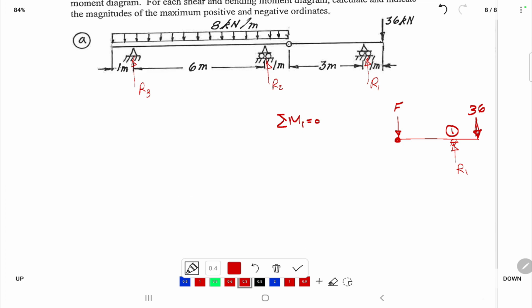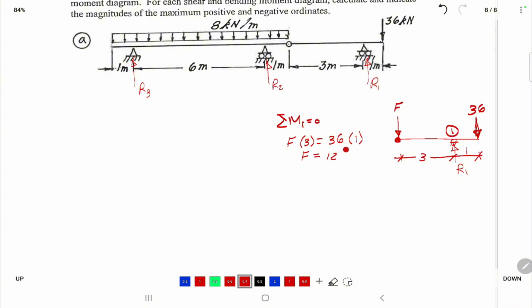Sigma M1 equal to 0. So F multiplied by 3 meters equals 36 multiplied by 1, from which we can conclude that F equals 12 kilonewton.